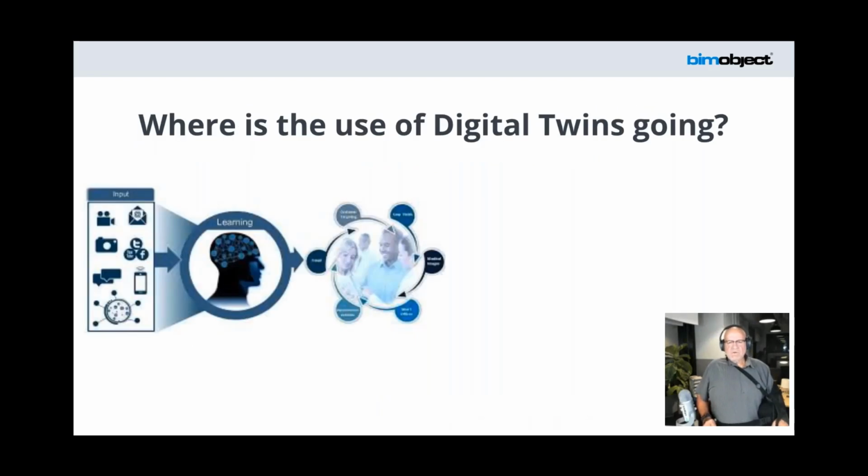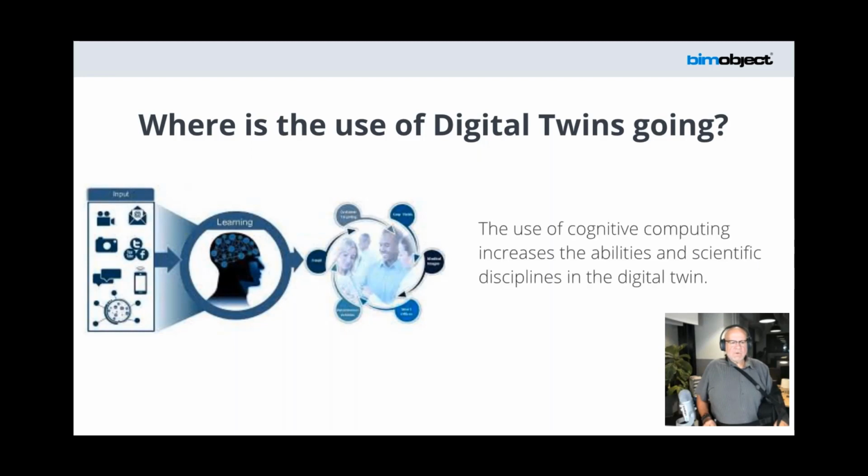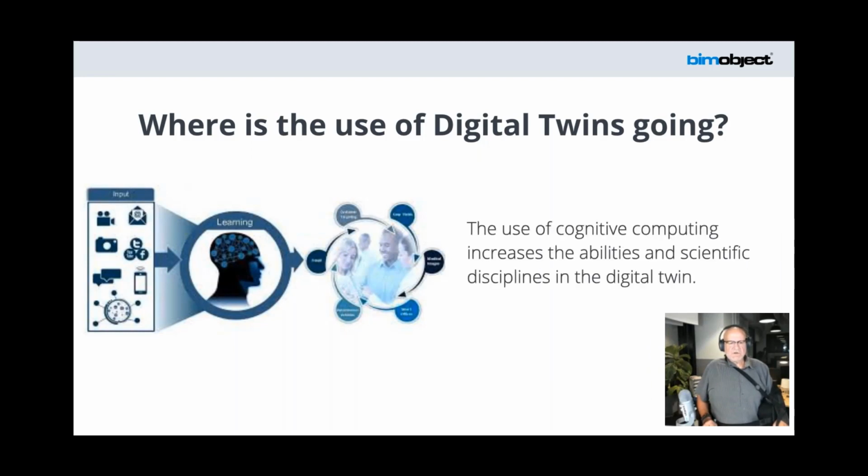So where's this whole use of digital twins going? We get all this content, it comes into learning and machine language and gets used. With things such as artificial intelligence, this common data environment, sensors, and cognitive computing, it increases the abilities of the digital twin, probably even beyond us having a bank of people sit down and analyze data of that facility.